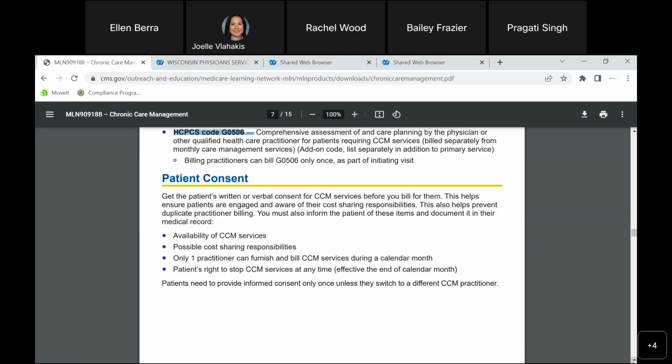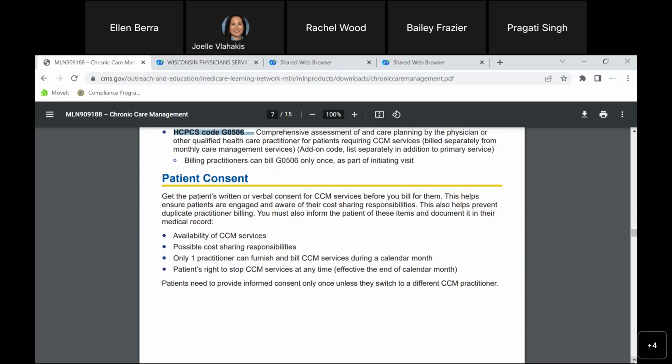So that's part of the conversation that you want to have, the benefit that the patient will be getting for their cost sharing responsibilities. The other thing that you want to have a conversation with the patient about is the fact that only one practitioner can furnish and bill chronic care management during a calendar month.